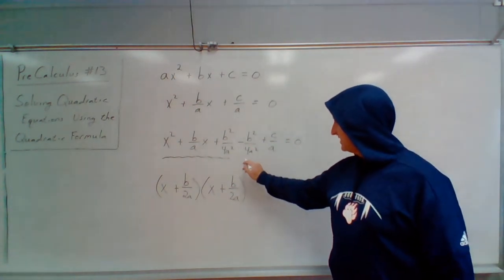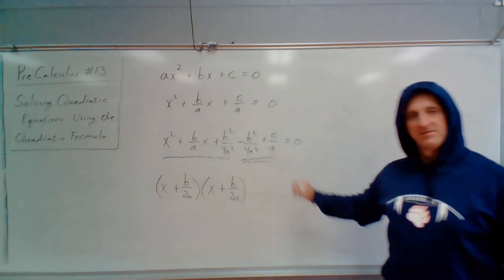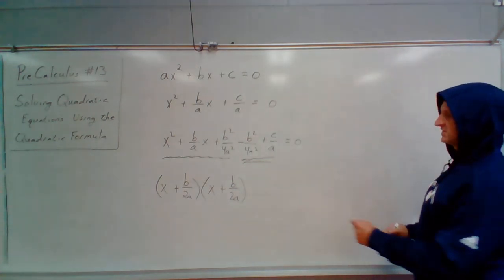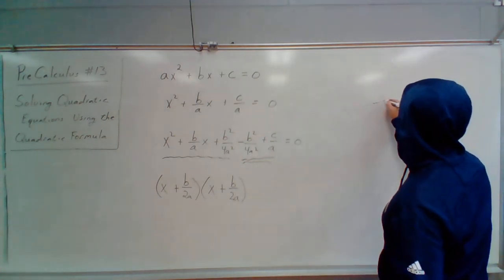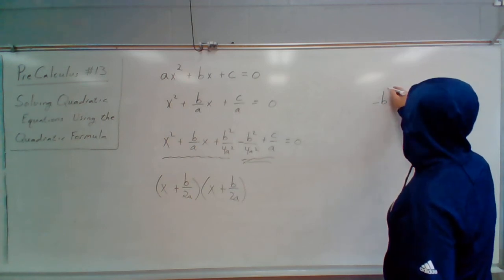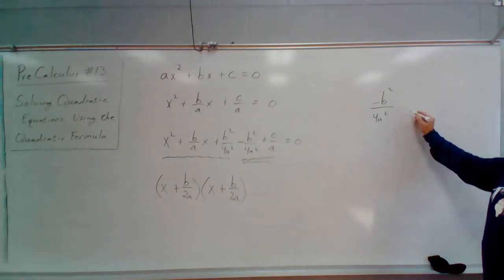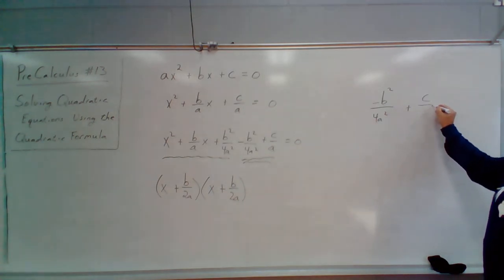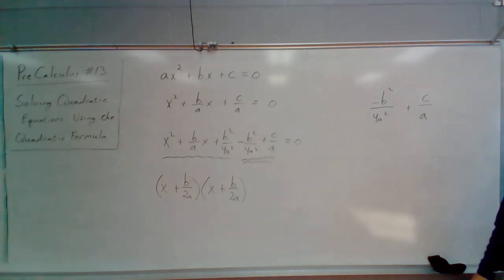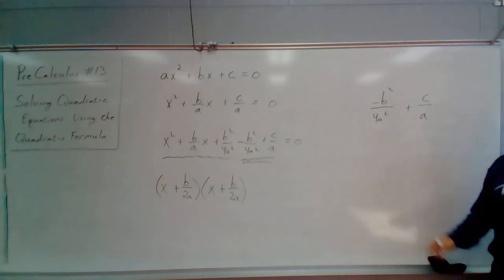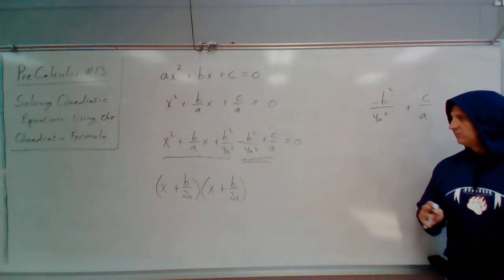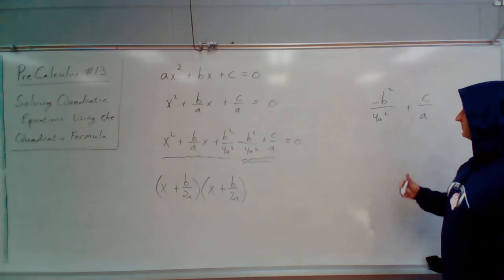All right, we need to now simplify these 2. Okay, so let's do this very carefully. I have negative b squared over 4a squared plus c over a. All right, in order to add or subtract fractions, we need a common denominator.